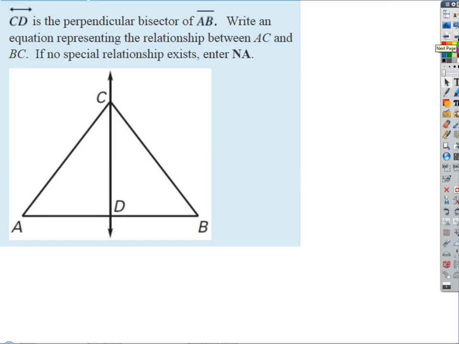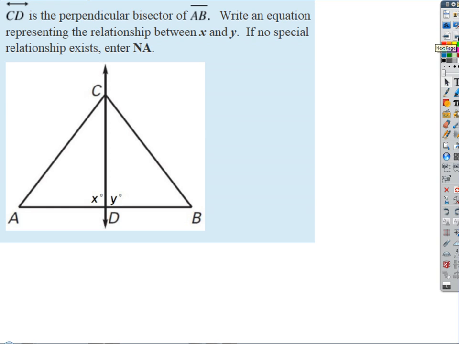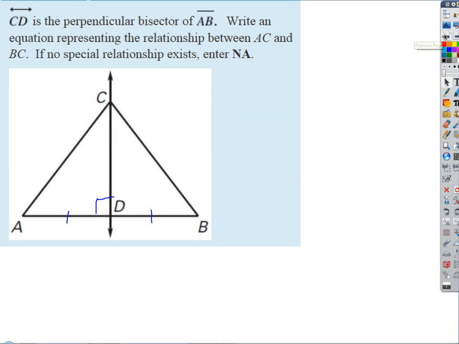What about this guy? Same deal, CD is the perpendicular bisector of AB, so we could add the same information as before, but now they want us to write an equation representing the relationship between AC and BC. Okay, say they asked something different. I'm going to make something up.